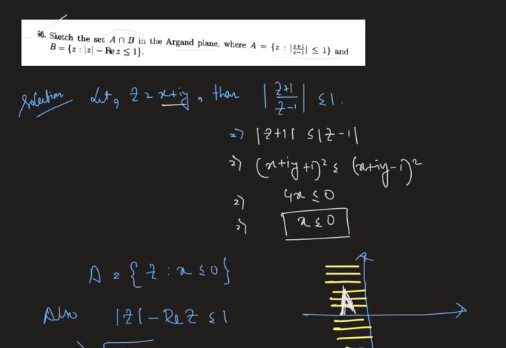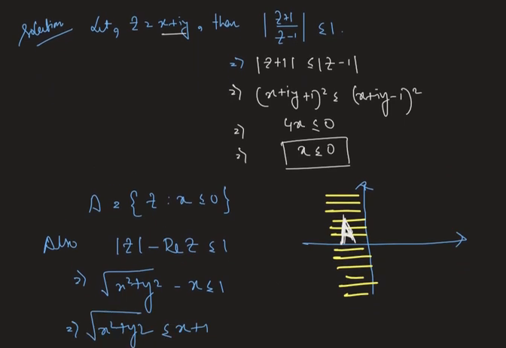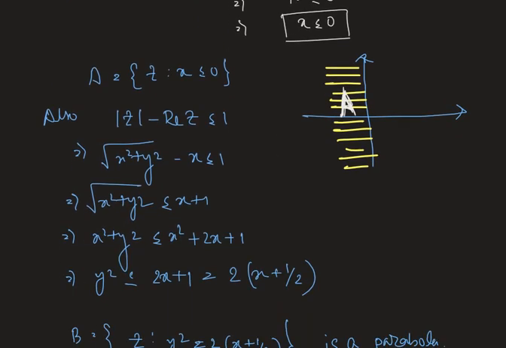Therefore the portion A intersection B is nothing but the parabolic portion intersection with this A portion.